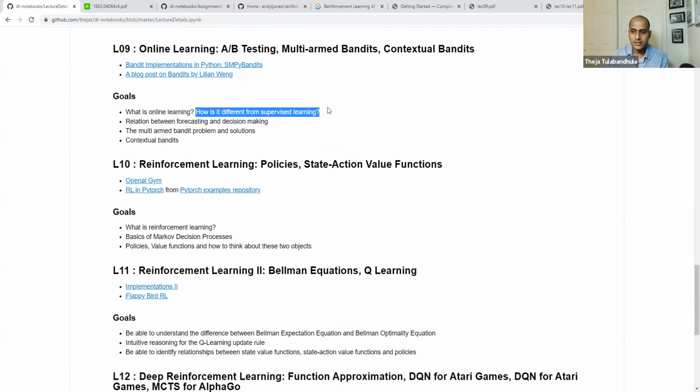So it focuses on decisions, and it doesn't follow a batch type of process where you have X, Y pair type of data, like most of the data that we have talked about in the previous sessions. It's not like that, although you can use supervised learning, and I'm going to talk about it when the context arises today. In general, you should know the difference between forecasting and decision making.